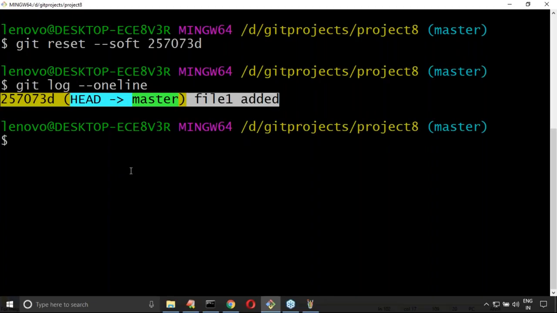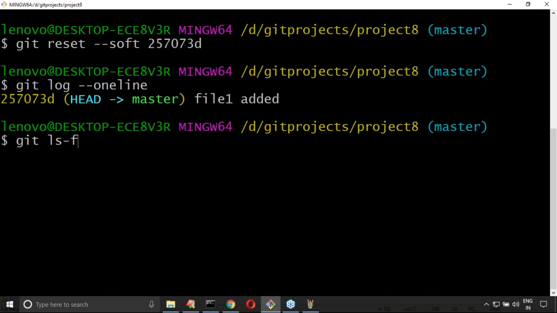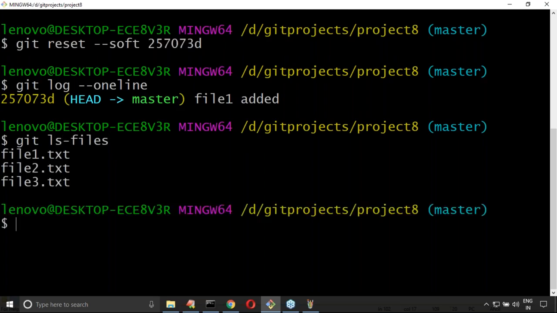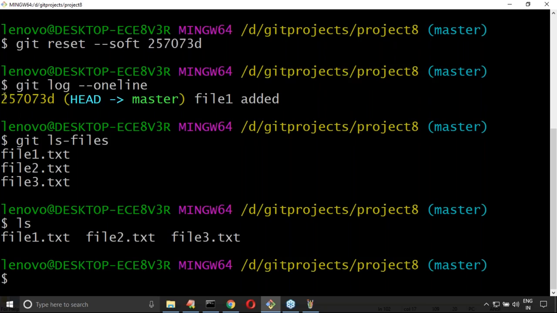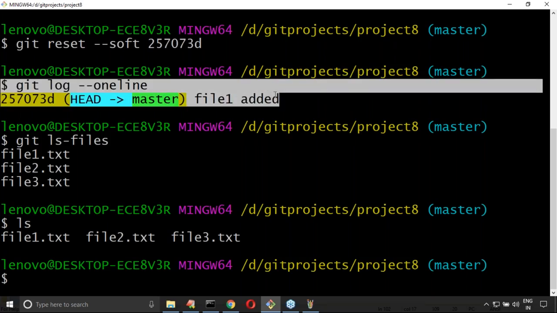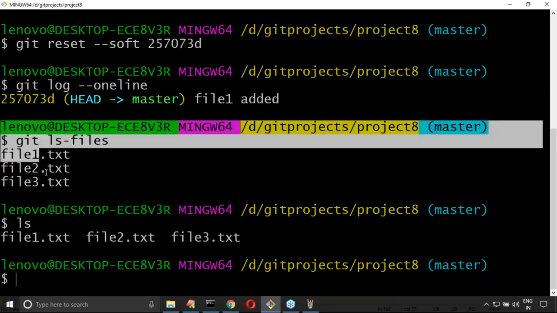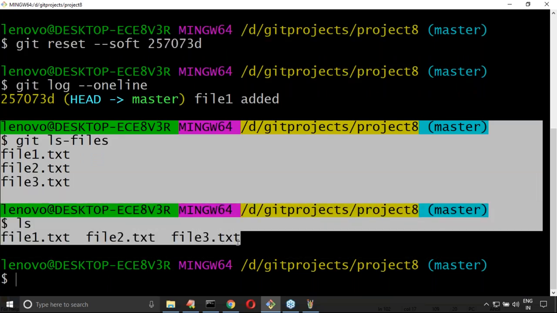Please observe carefully. git ls-files. Next, simply ls. Yes, three files are there. Even though commits are removed from the local repository, files won't be removed from the staging area or from the working directory.